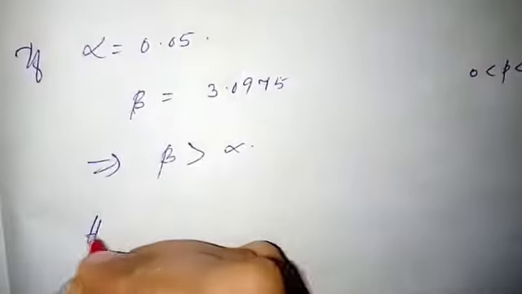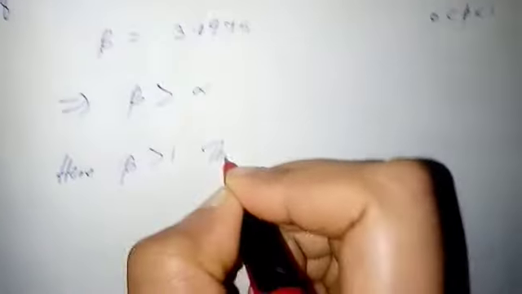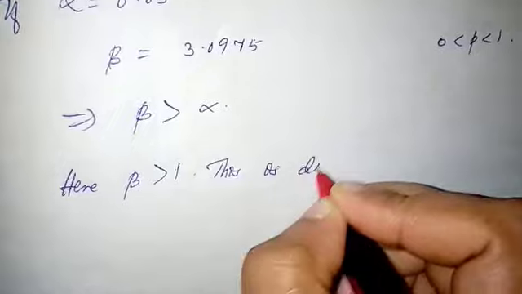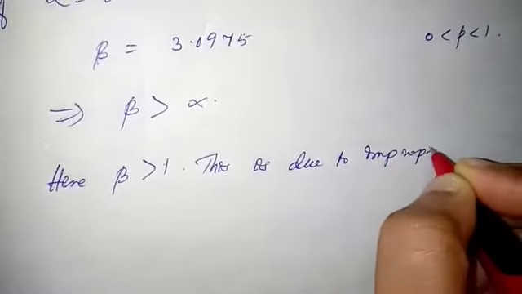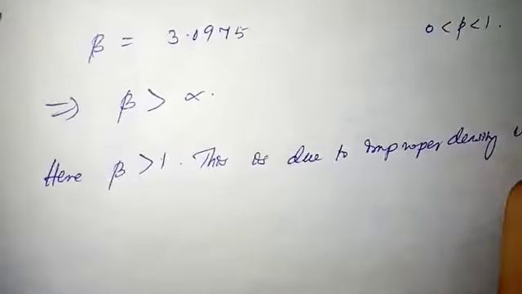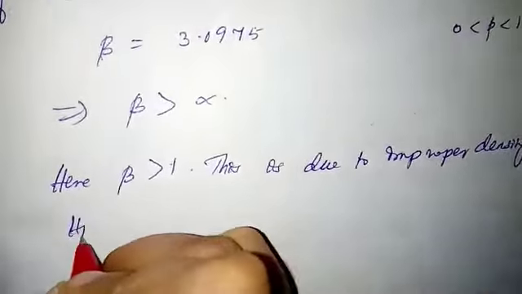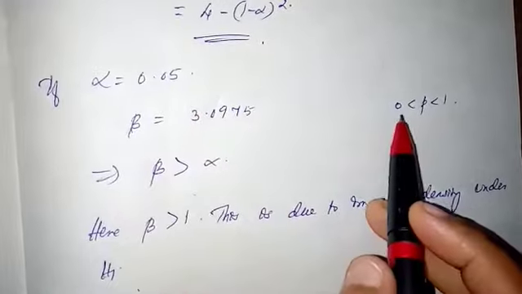Here beta is greater than 1. This is due to the improper density under H1, because the probability always lies between 0 and 1.